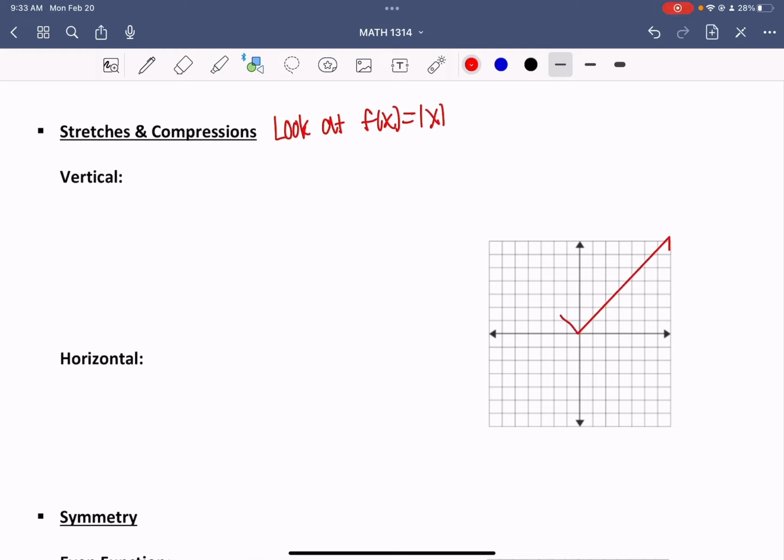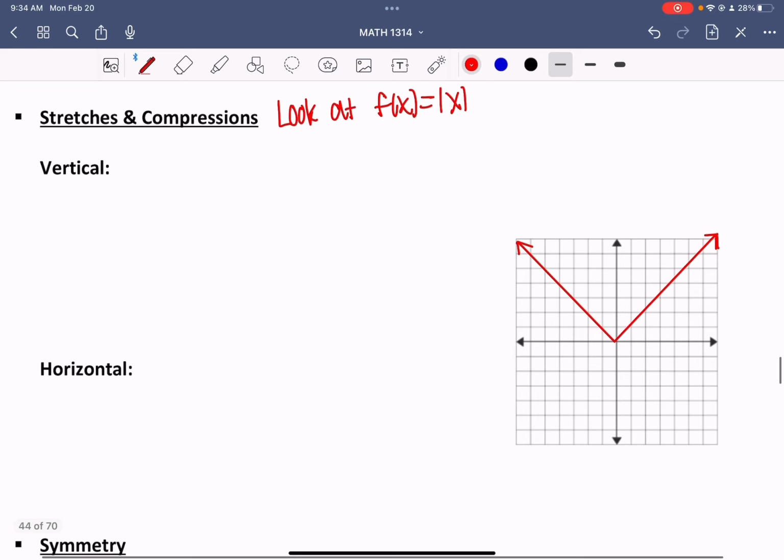Okay, so this one, when you're looking at how is a stretch or compression happening, we can have a vertical stretch or a horizontal stretch or compression. With the vertical one, it is when we have a multiplier times our function out front.